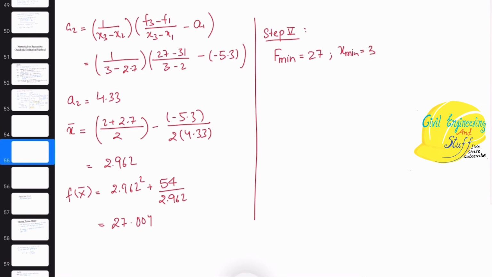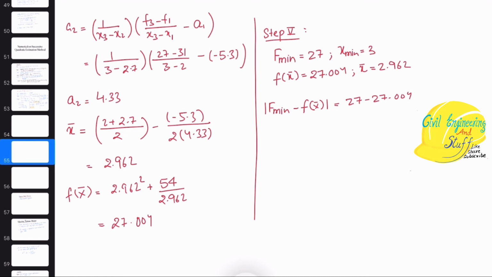Our f of x bar is 27.004 and x bar is 2.962, right. F minimum minus f of x bar will give 27 minus 27.004, right.